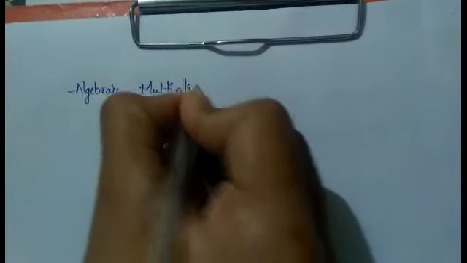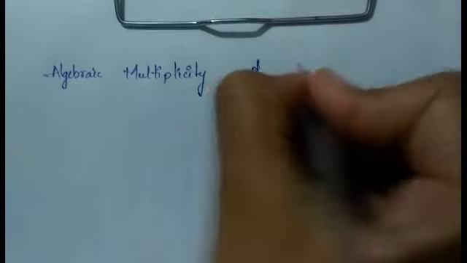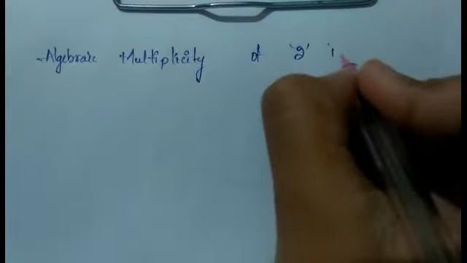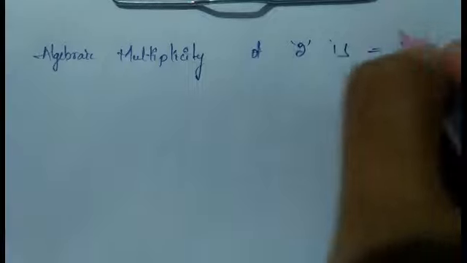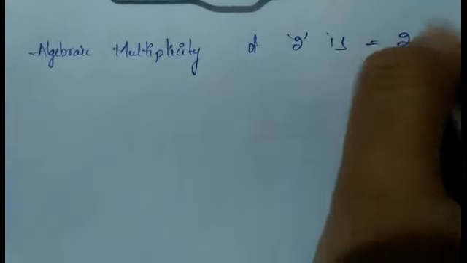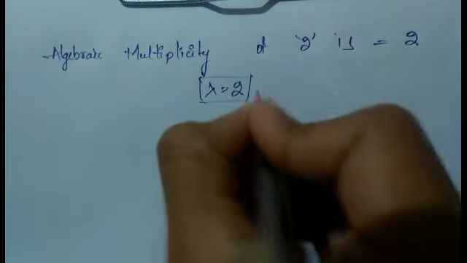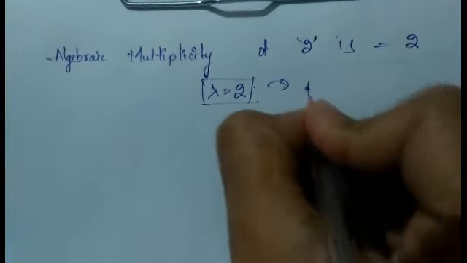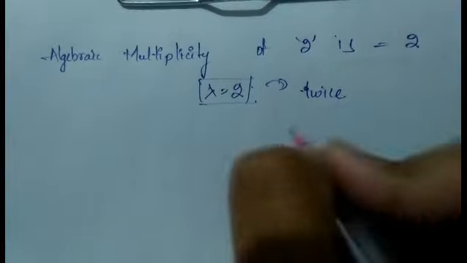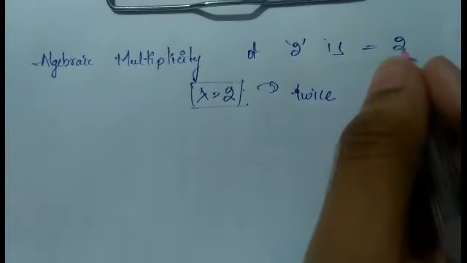Here we need to check whether this is diagonalizable or not. We know that the algebraic multiplicity of eigenvalue 2 is 2, as the eigenvalue is repeated twice.